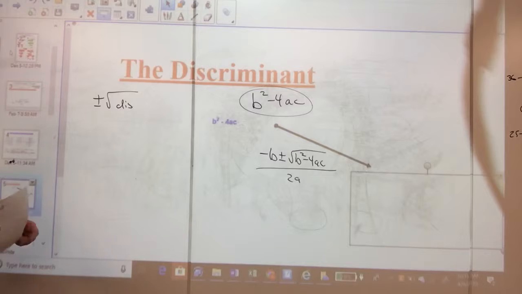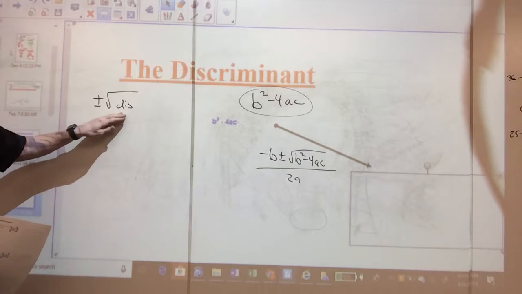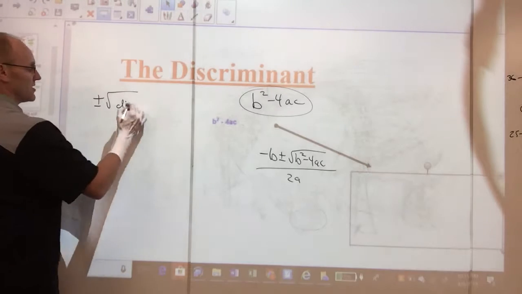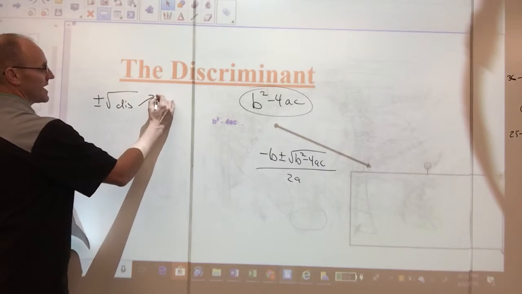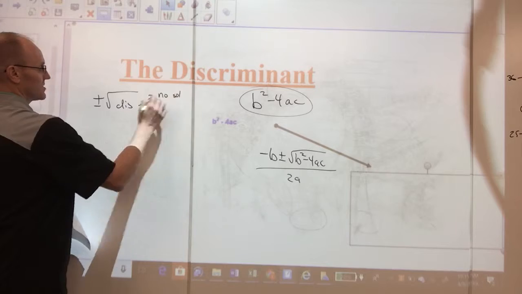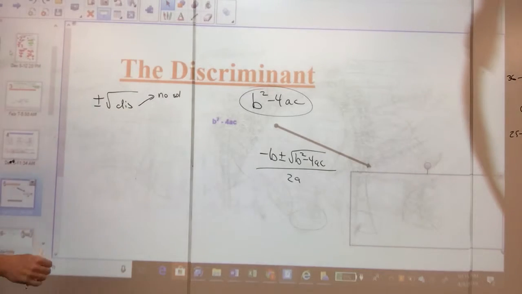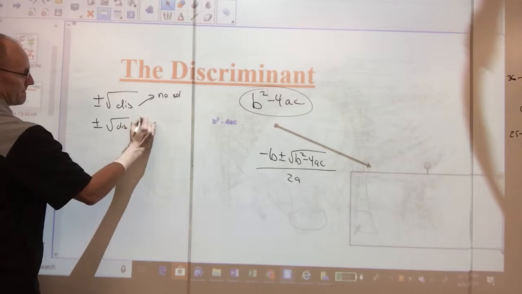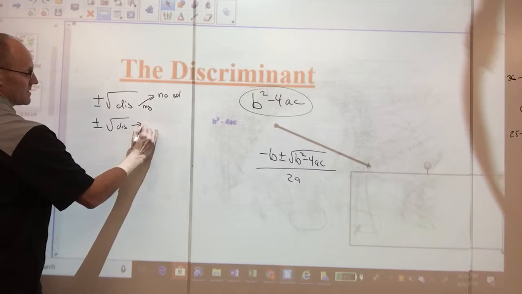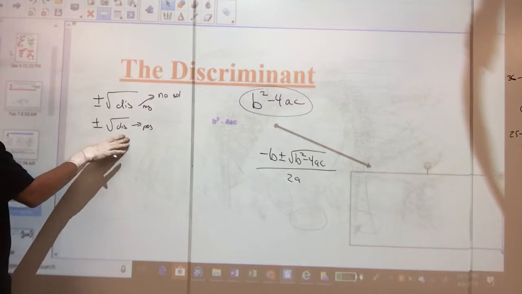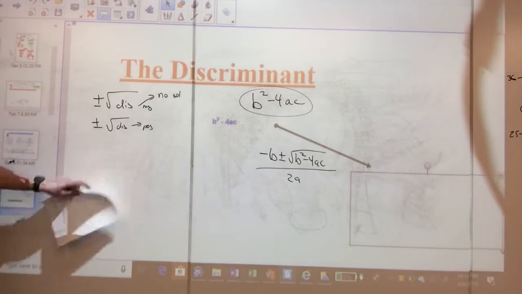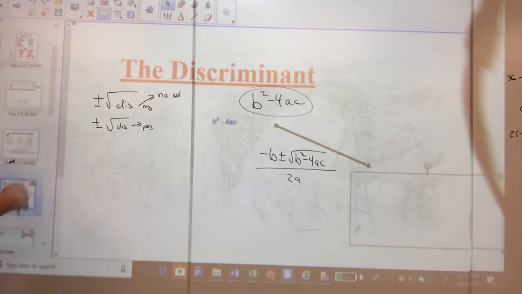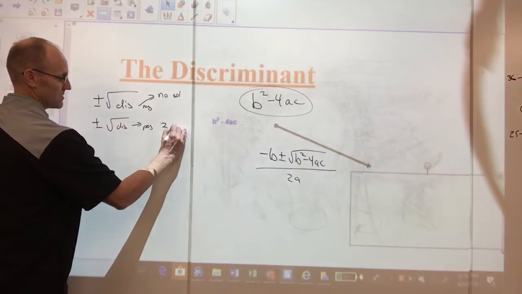A couple things about square roots. You cannot take the square root of a negative. So if your discriminant is negative, you cannot take the square root of it, and there'd actually be no solutions, because right there you'd be stuck. If the discriminant was positive, well, yeah, you can take the square root of a positive, and then you add this square root of the discriminant, and you subtract, which will give you two separate solutions.